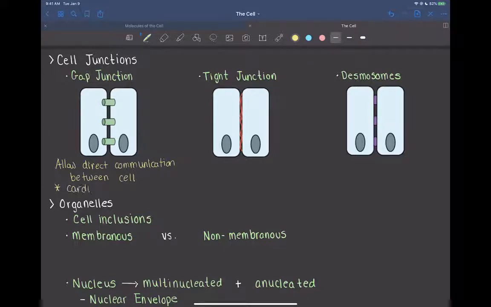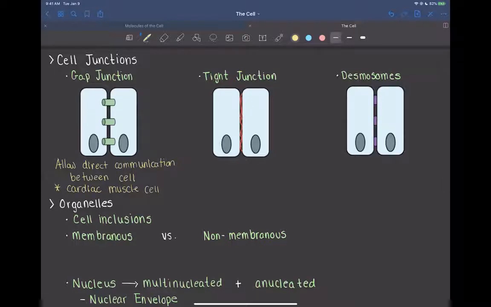So cardiac, so heart muscle cells, have gap junctions between them. And so that's because when one cell starts to contract, right, it gets that electrical stimulus to contract, you want to be able to really, really quickly pass that information, that stimulus, from one contracting cell to the next, so that the whole heart kind of contracts as a unit. Okay, so it allows for really fast communication between cells.